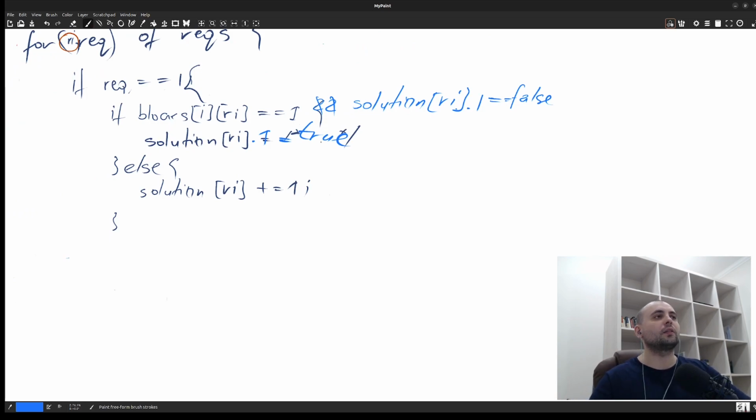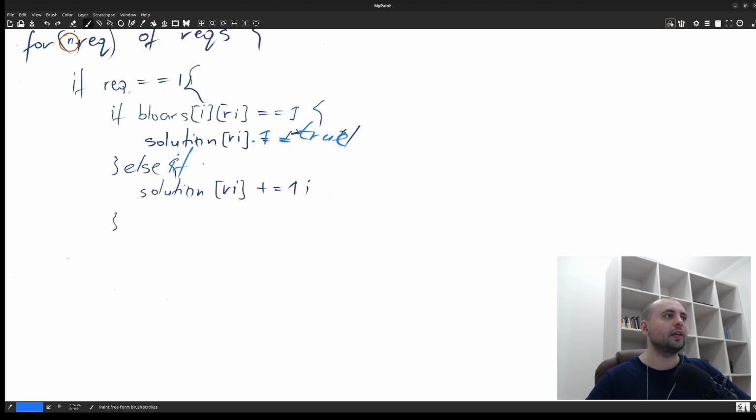wait a second, that's not actually correct. So if this is true and this is false, yeah, then we mark as true. No, actually this part shouldn't be here. This part should be in the else part.